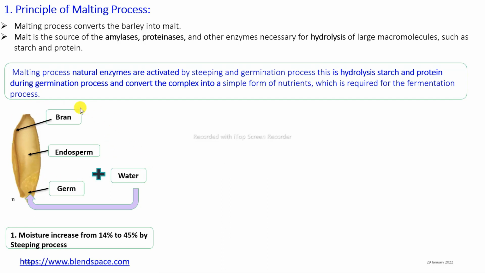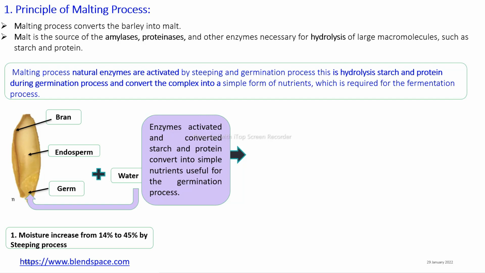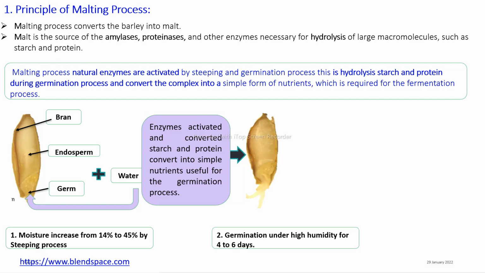Due to the addition of water, the natural enzymes in the grain, like amylase and protease, are activated. These enzymes hydrolyze the complex substances inside into simple ones, so the starch is converted to malt sugars and the protein is converted into amino acids. During malting, the grain's internal moisture is first increased, then the germination process starts.